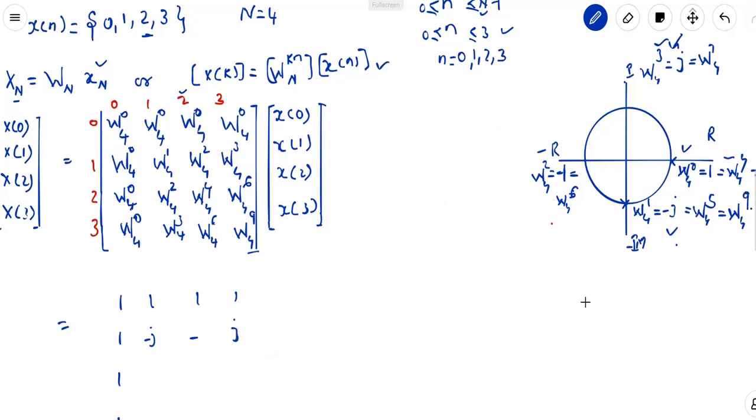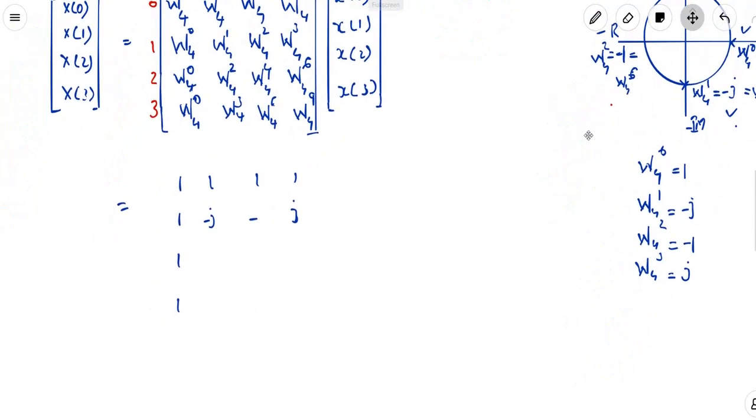Next, if you want, I'll write down here omega 4 of 0, omega 4 of 1, omega 4 of 2 and omega 4 of 3. So this is equal to 1, this is equal to minus j, this is equal to minus 1, and this is equal to j. So these values I'm going to substitute here. Next is omega 4 of 2, which is minus 1.